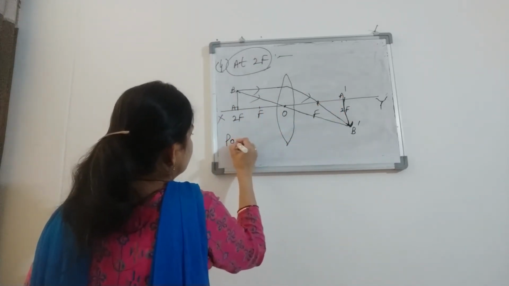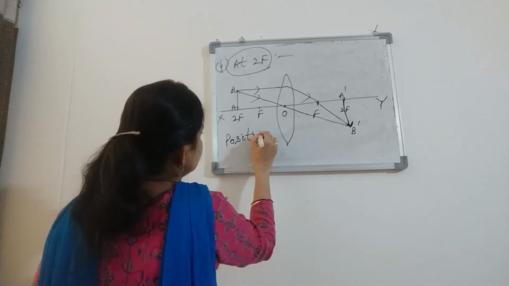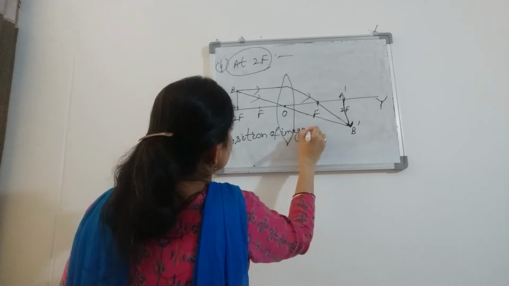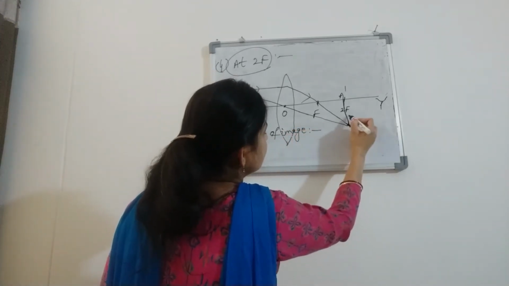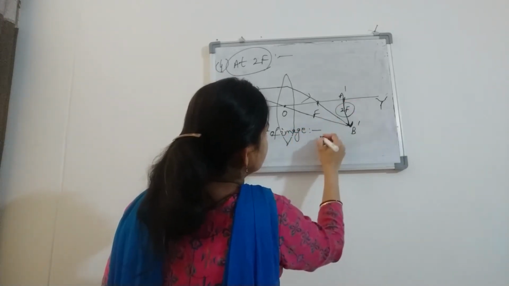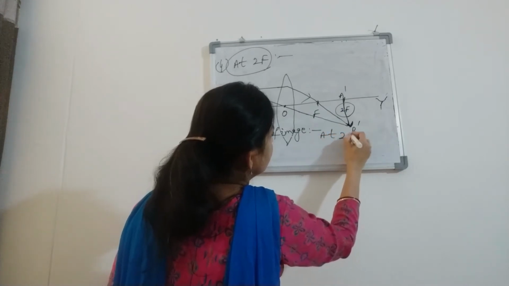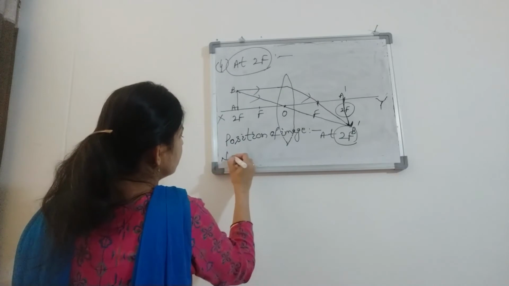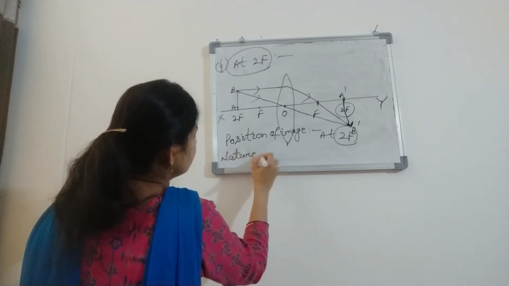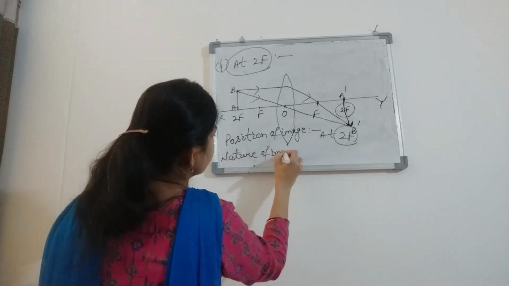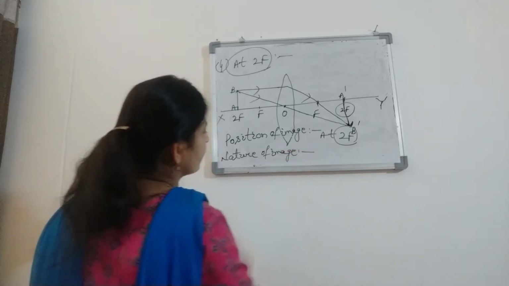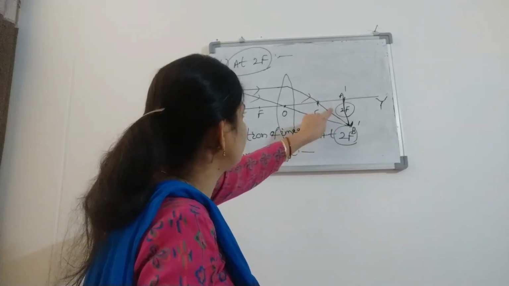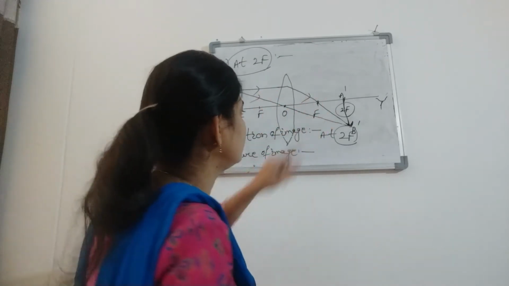Now, from this diagram, you can say that the position of the image is also at 2F, and nature of the image is real image because the image is formed on the other side of the object.